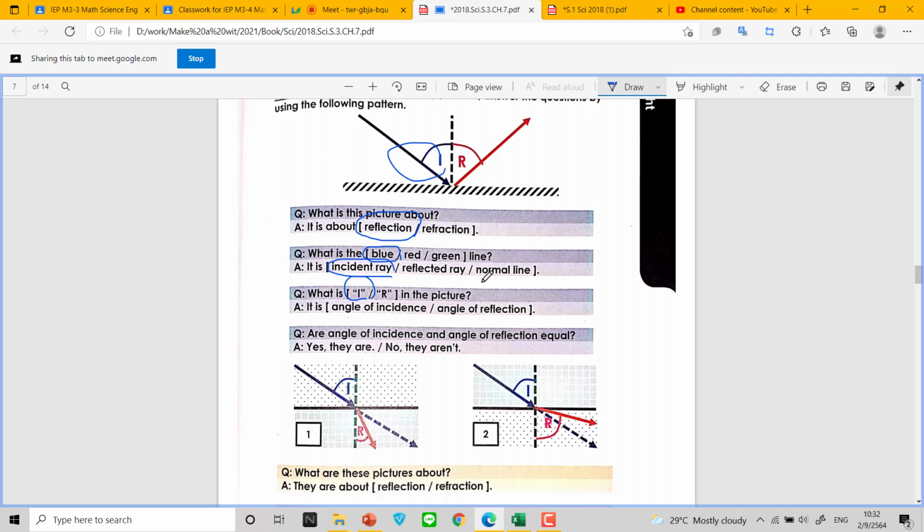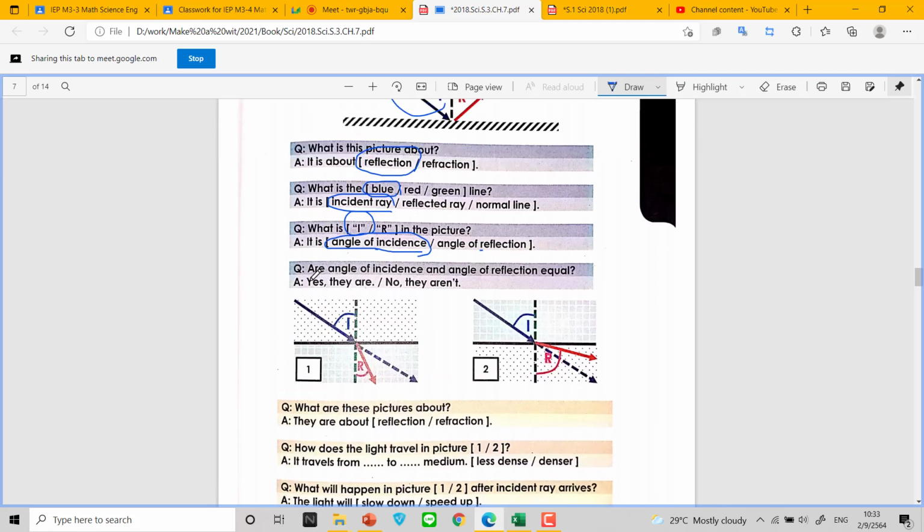Student, it's very easy. Can you see it? Is it the angle of incidence or angle of reflection? Circle it. Angle of incidence.